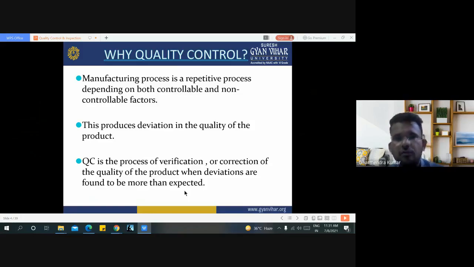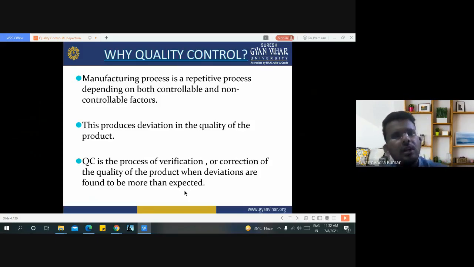This produces deviation in the quality of the product, and these controllable and non-controllable factors overall deviate the quality of the product.